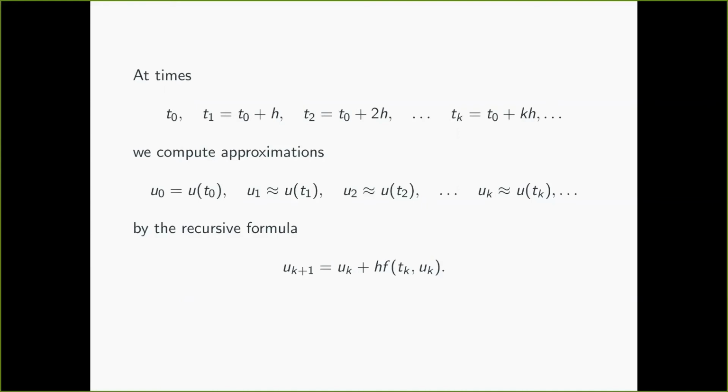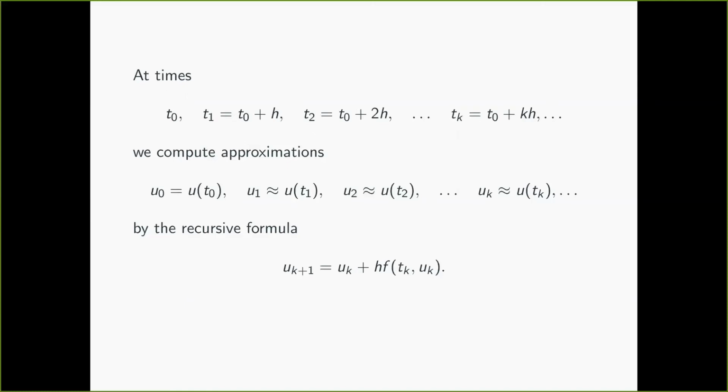What we're going to do is approximate u at time t1, which is just t0 plus h. Then we go one step size h further and approximate u at t2, which is t0 plus 2h, and so on and so on.